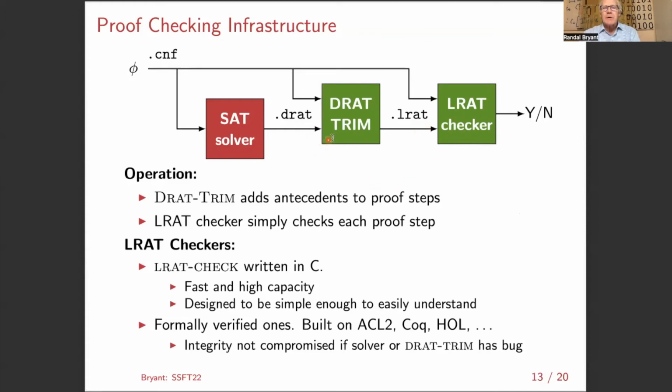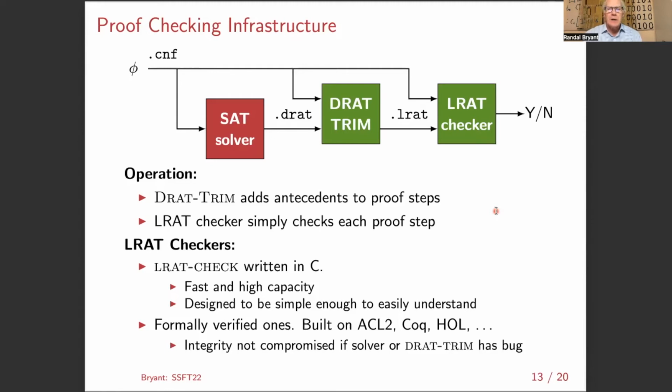Because if there is some bug along the way, then that LRAT checker would be able to detect that something's wrong with this proof and say, nope, something is the matter here. The standard LRAT checker is one written in C, designed to be fast and with high capacity. But there are also several formally verified LRAT checkers that have been written by different people in the theorem proving community based on different proof frameworks, ACL2, Coq, HOL.